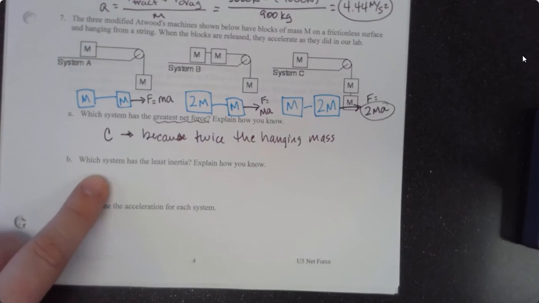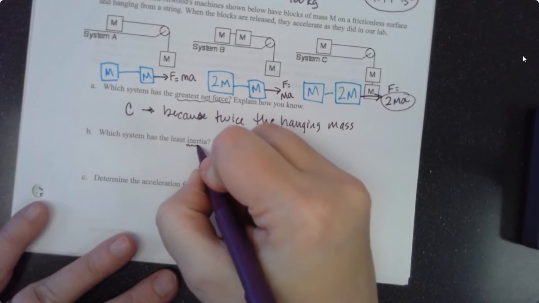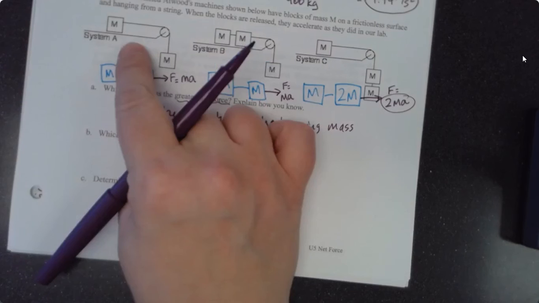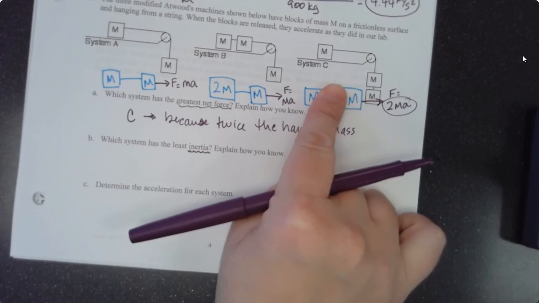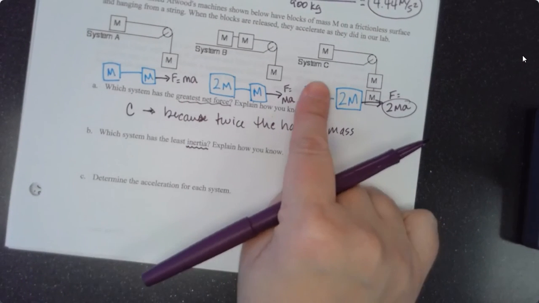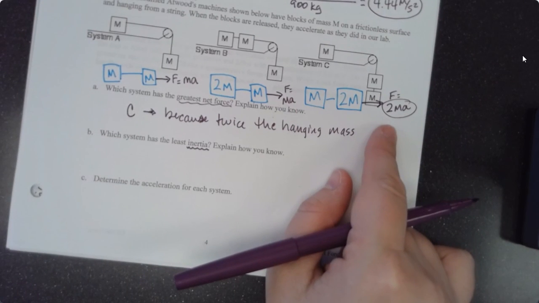All right, this one's trickier because we haven't really talked much about inertia. Which one has the least inertia? A good way to think about inertia is the resistance to being pulled backwards. So which one do you think is going to be the most resistant to moving? A? B? C? I saw a couple of nods for A and B and a definite no for C. C's got the most force, so that's going to be the one that's easiest to move.